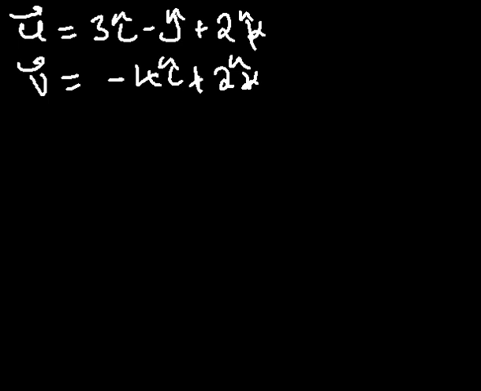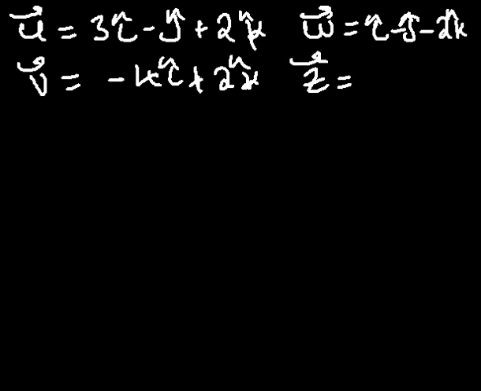And we have another vector w, given as i minus j minus 2k. And we have another vector z, let's say given as 2i minus j.